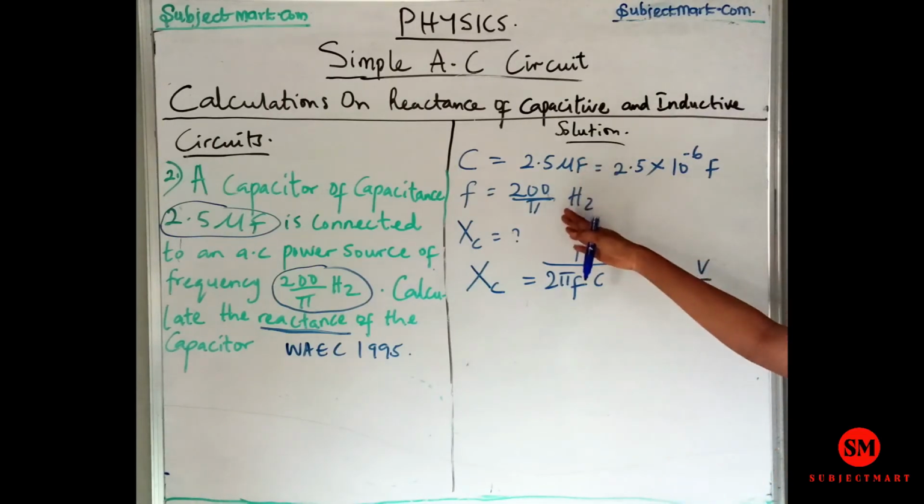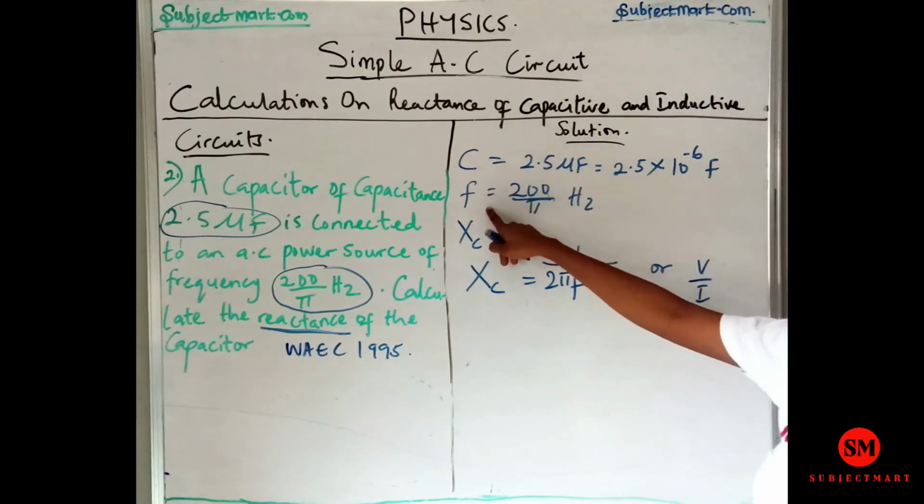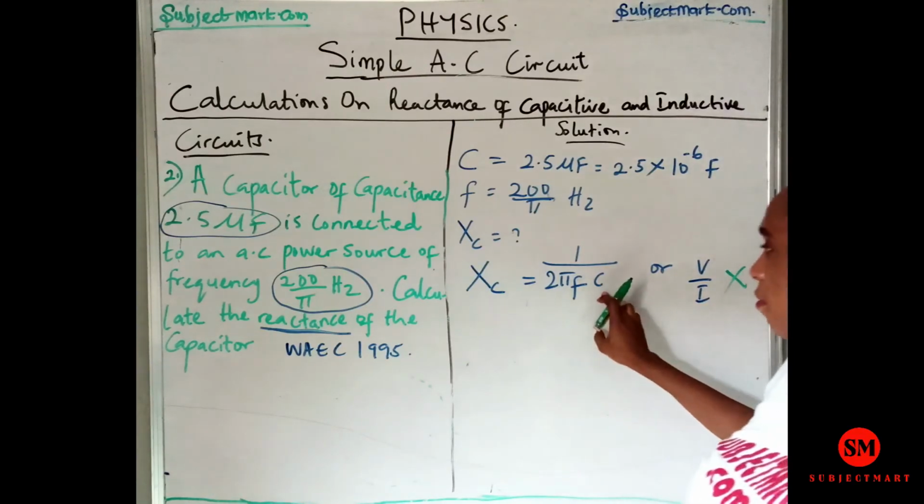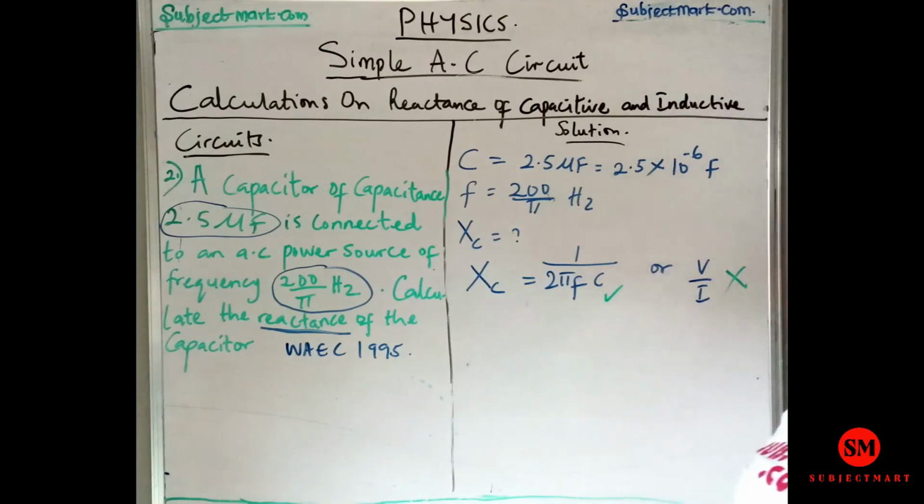So if you look at the parameters now, we have C and f. Here we don't have C, we don't have f. So automatically it means we cannot use this formula. In this case we have C, we have f. So that means we are going with this formula.